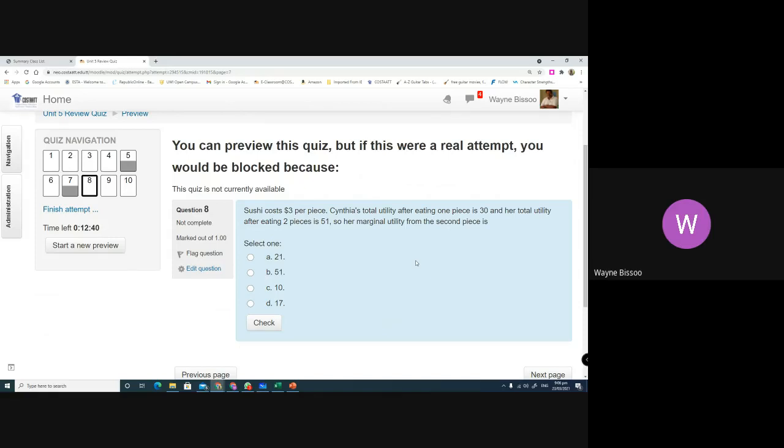It's the change in total utility when consumption rises by 1. Change in total utility divided by the change in quantity consumed, and the change in quantity consumed will always be equal to 1. So remember, total went from 30 to 51. So it'll be 51 minus 30 divided by 1, since the second piece she ate is still 1. So this is where you get 21. Cool?